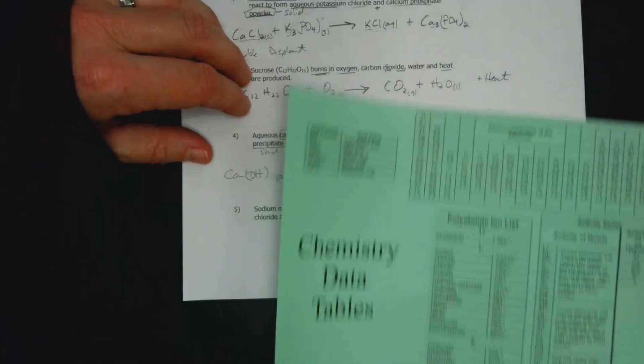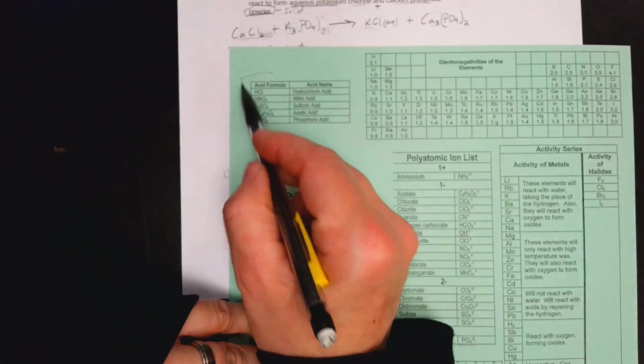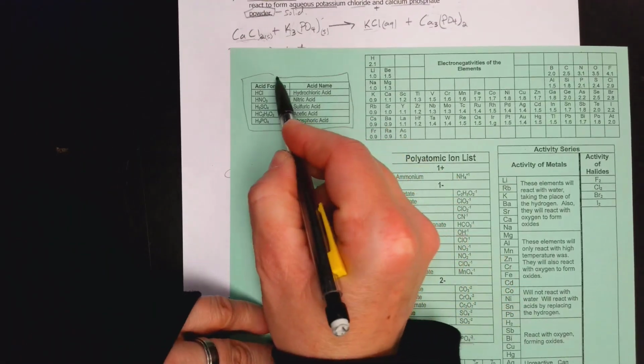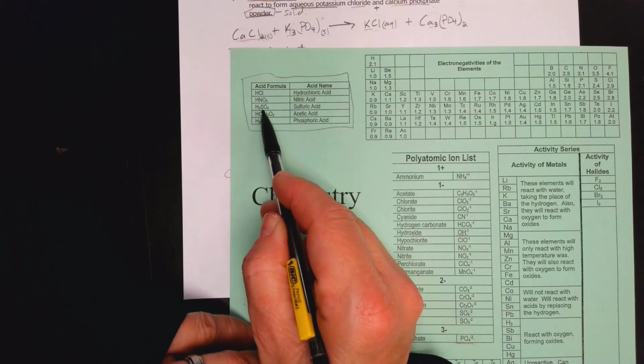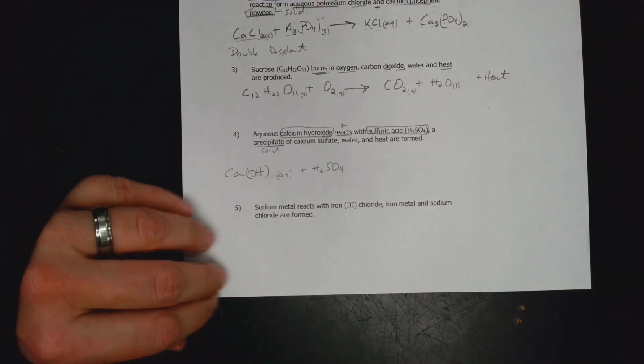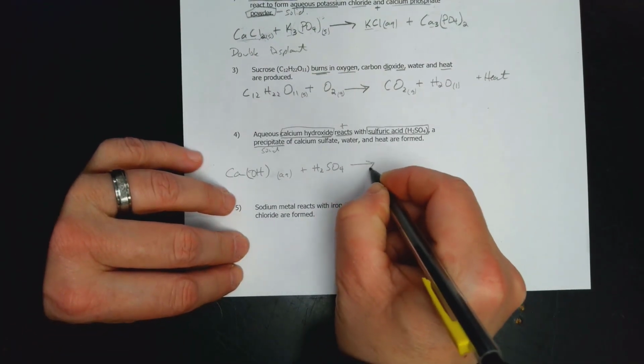Now, if you're not sure where to find the chemical formula for sulfuric acid, you should look in this part of your periodic table, because you'll see sulfuric acid right there, and there it is, H2SO4. So sulfuric acid, then I have my reaction.